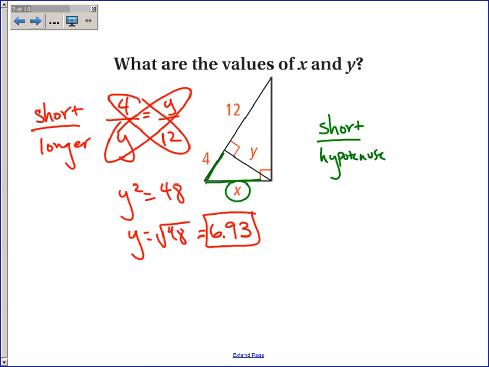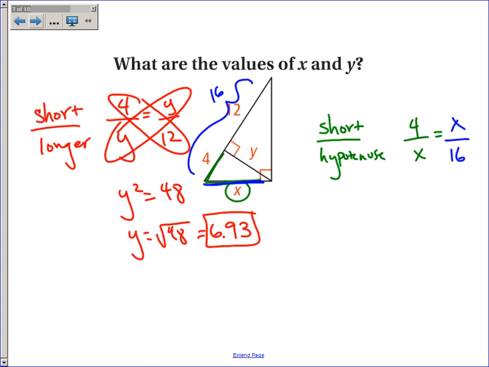On the smaller triangle, the shorter leg is 4, the hypotenuse is x. And on the biggest triangle, the shorter leg is x, and the hypotenuse is 12 plus 4, or 16.